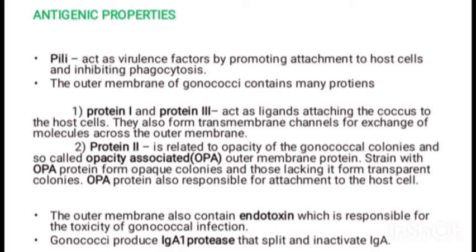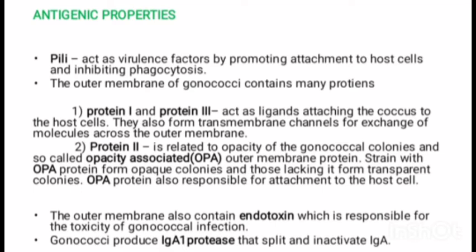They act as a virulence factor by inhibiting phagocytosis as well as facilitating attachment of cocci to the host cells. And these pili are composed of repeating peptide subunits. These peptide subunits are known as pilins. It is a protein, pilins. Pilins are the subunits of pili. And next is about outer membrane protein.